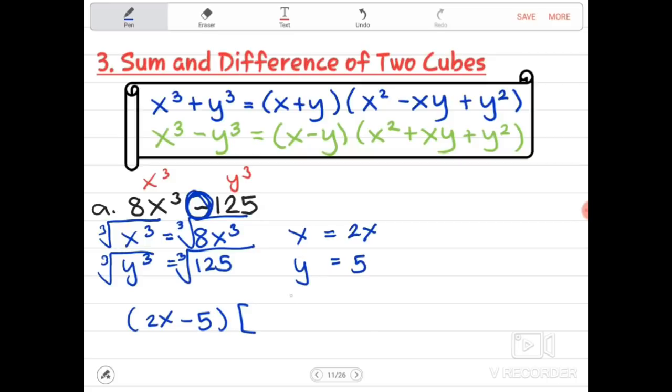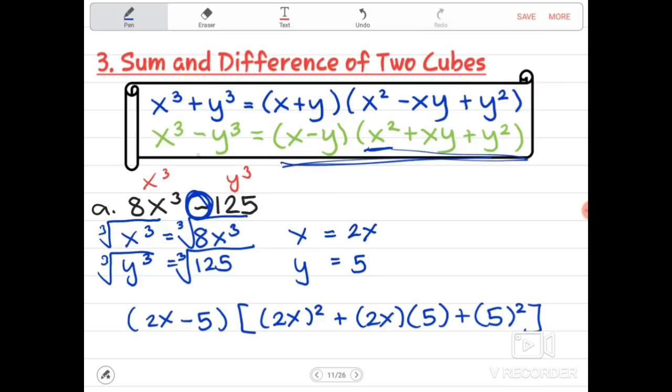So, we have 2x squared. Ayan, nagpapalit lang tayo ng x, naka-squared siya. Plus, ano yung x natin? 2x times 5 plus 5 squared. So, yan ha, sinubstitute lang natin yung value ng x and y dito sa color green kasi minus siya.